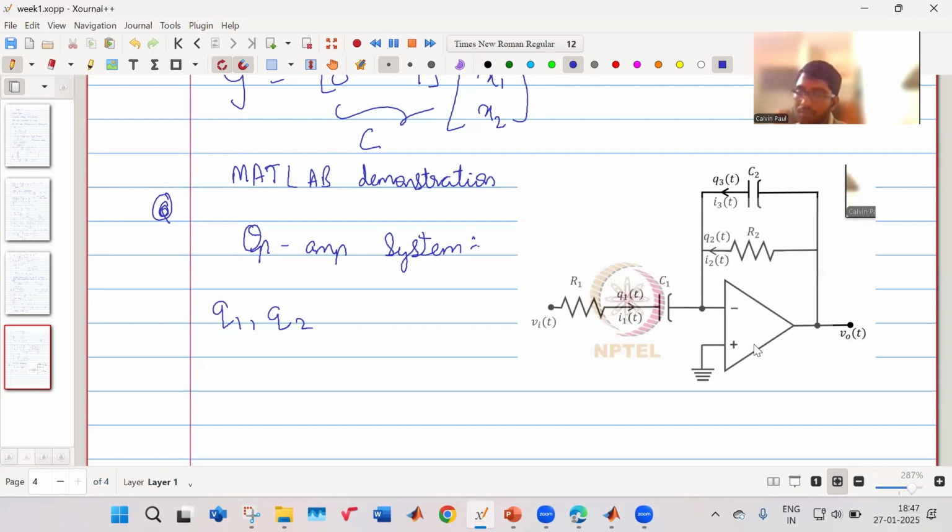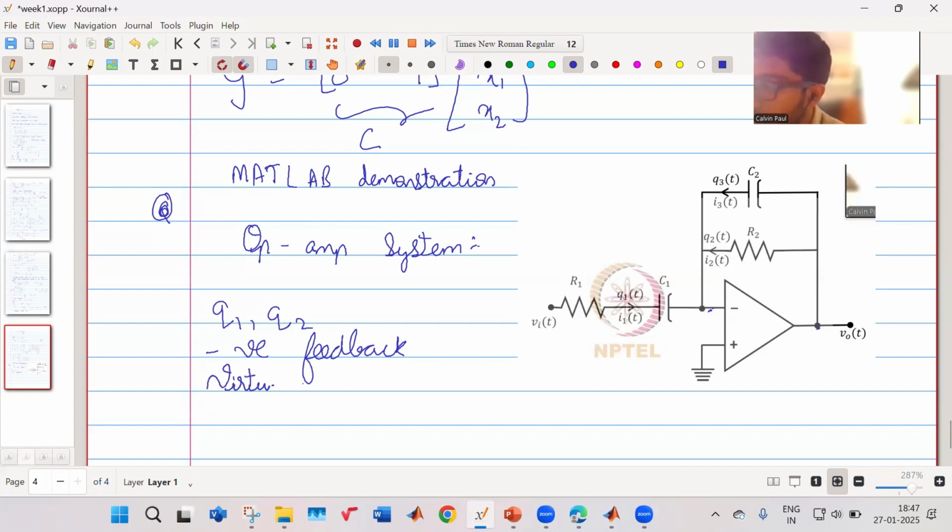Okay, you guys are very shy. So this is actually negative feedback, because you can see the output voltage is being fed to the inverting terminal of my op-amp. Hence there is a concept known as virtual short or virtual ground.